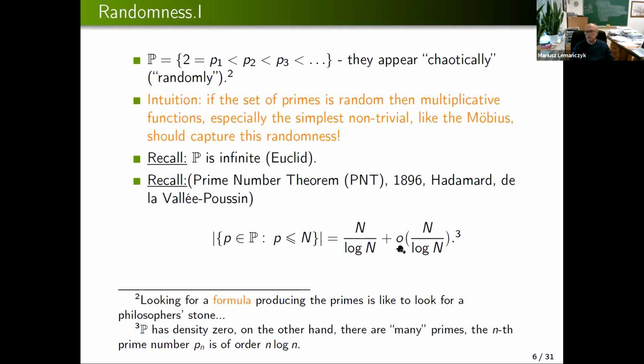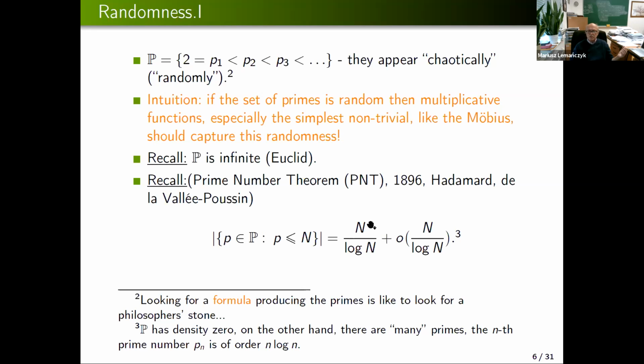This little o notation means that if you divide by this number, you have an expression which goes to 0. So this is just a smaller and smaller fraction of the number which we see here. Of course, we deduce from that the density, just think intuitively what is the density of a subset of natural numbers.